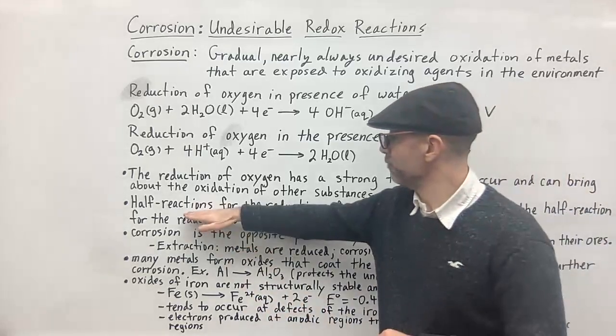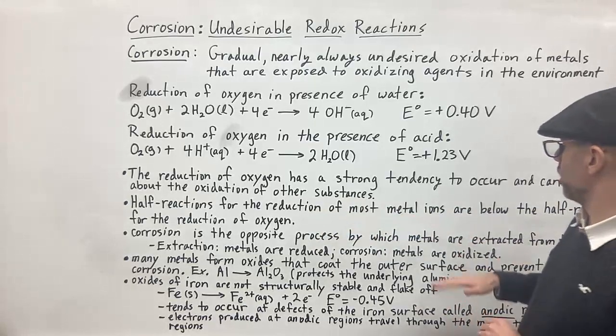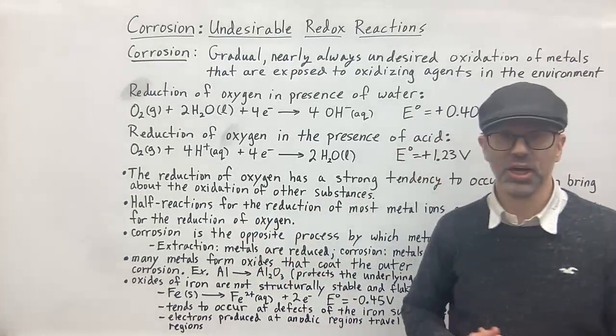The half reactions for the reduction of most metal ions are found below the half reactions of the reduction of oxygen.